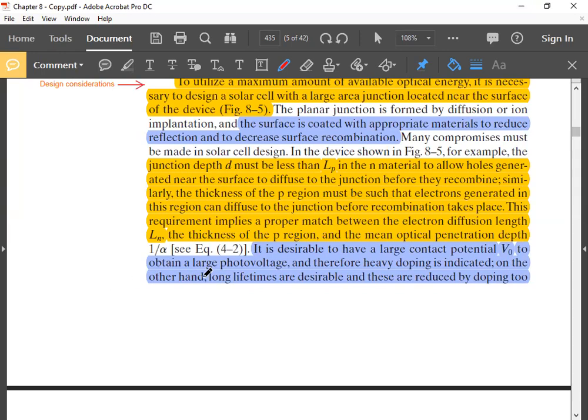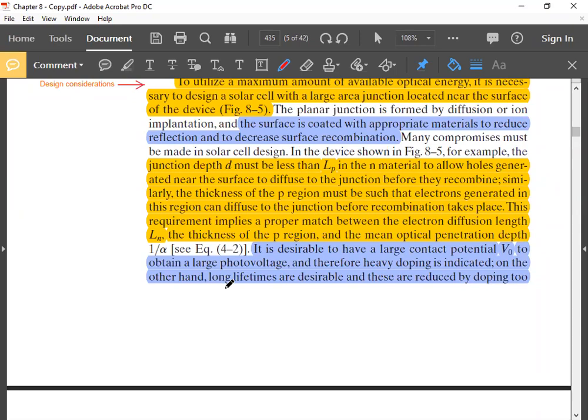On the other hand, if you increase doping, the carrier concentration of N side and P side will increase. As the carrier concentration increases, the recombination rate will increase, which means the recombination lifetime will be small. A smaller recombination lifetime is not desirable.